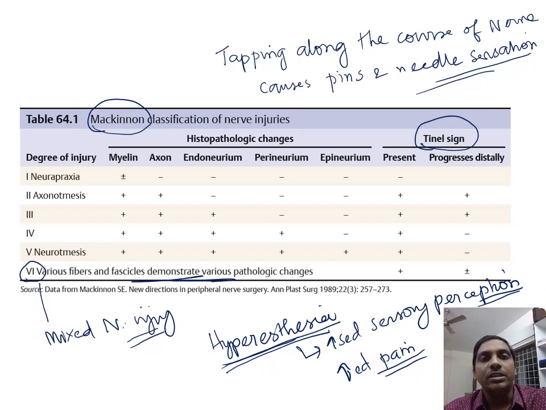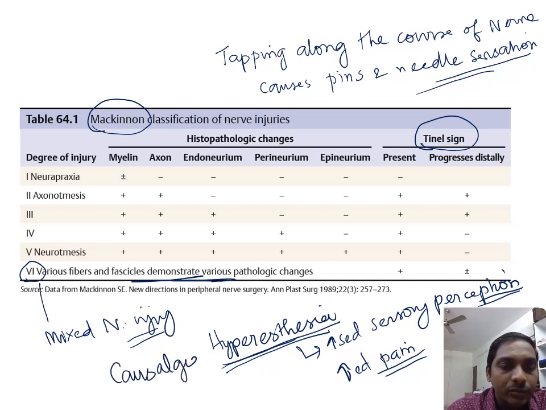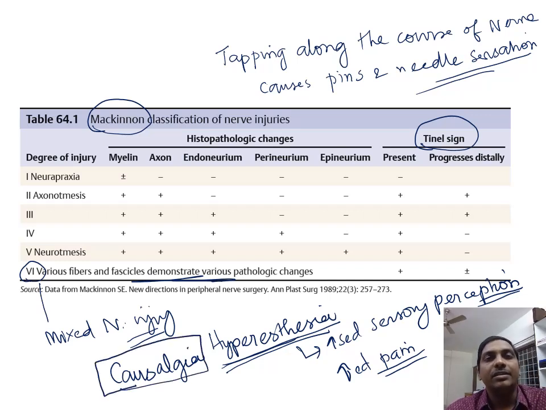When the nerve injury is incomplete, there will be an increased degree of sensation that is perceived by the brain. So this is called causalgia. So causalgia is also called hyperesthesia after an incomplete nerve injury. This is an indication for surgery.